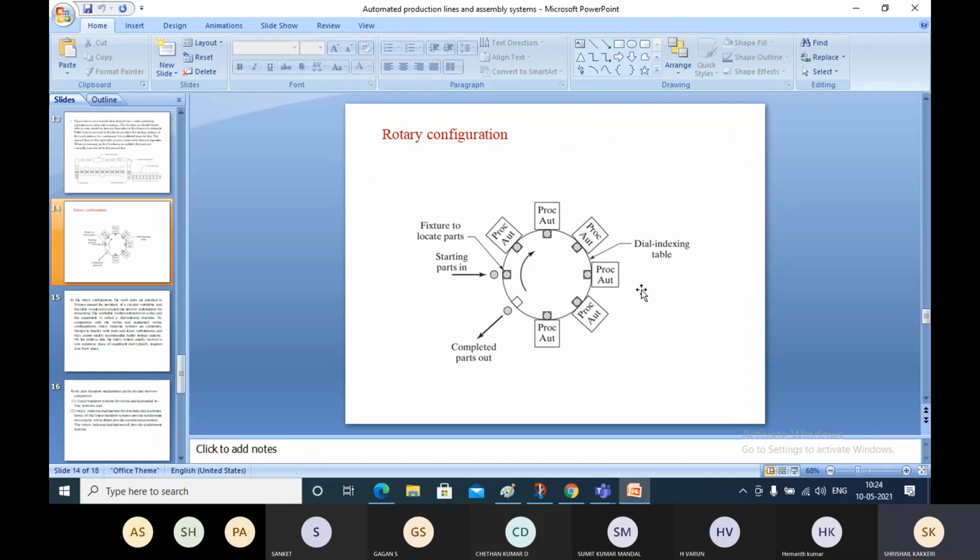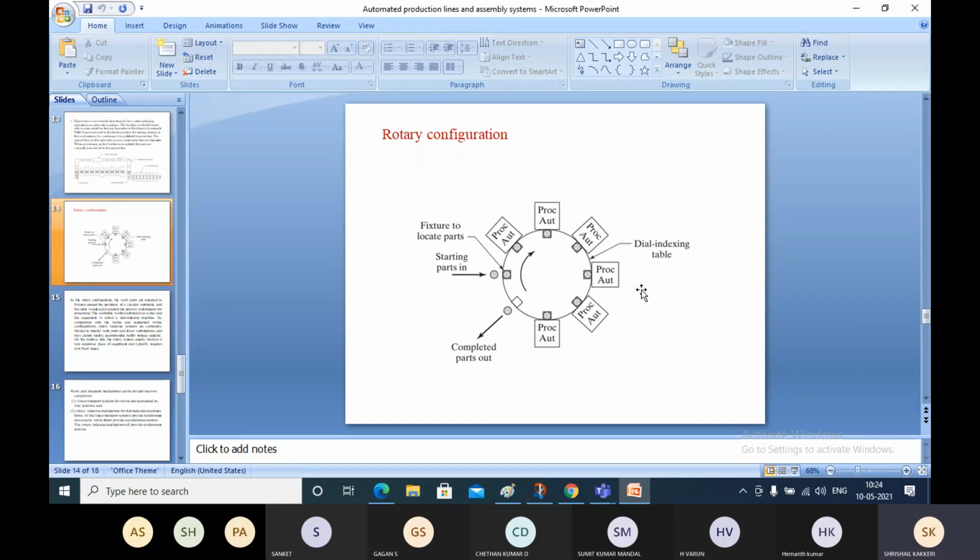At that time these rotary configuration systems will be used, and the workstations will be arranged around the periphery of the dial indexing table. This table will be rotated by means of a DC synchronized stepper motor.